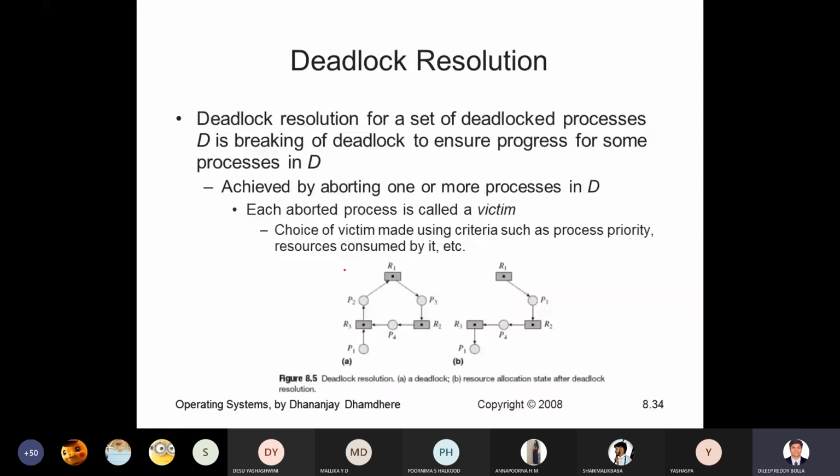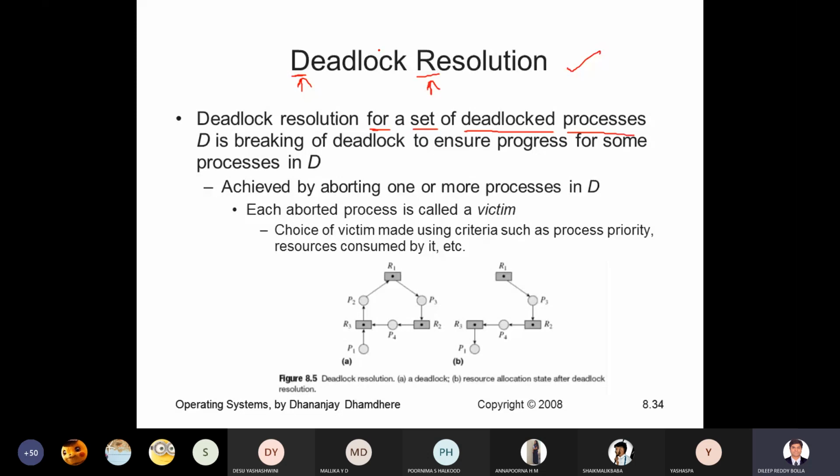Next, we are going to see deadlock resolution. Resolution means, okay, we experience deadlock, how are we going to clear that? So this topic is deadlock resolution. We do this resolution for a set of deadlocked processes.